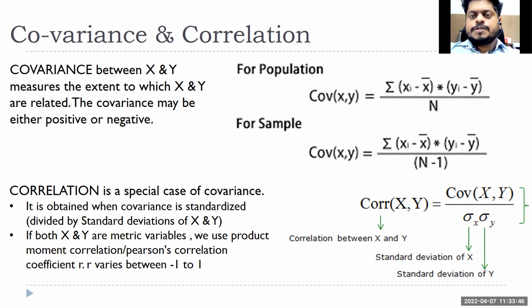Then the question is, what does 0 mean? If I find out that the correlation, or Pearson's R, the correlation coefficient, is, let's say, 0.001, very close to 0, what does that mean?